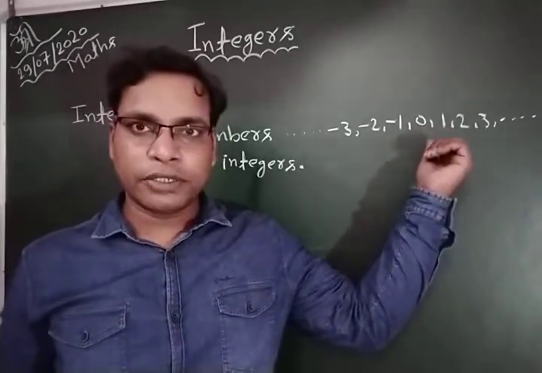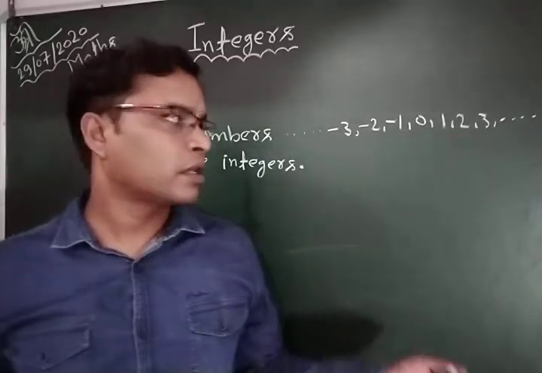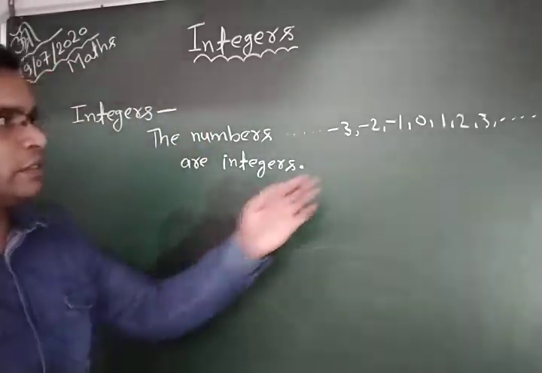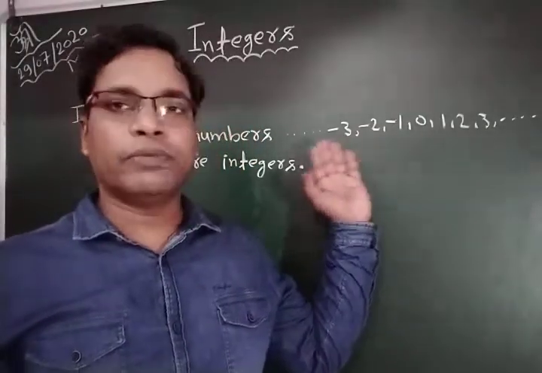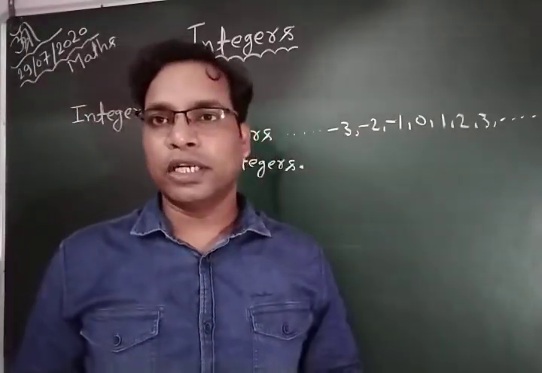The smallest positive integer is 1, and 1, 2, 3 are called positive integers, and -1, -2, -3 are called negative integers.